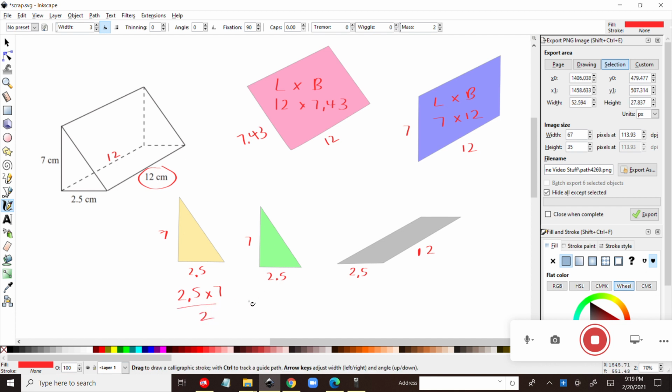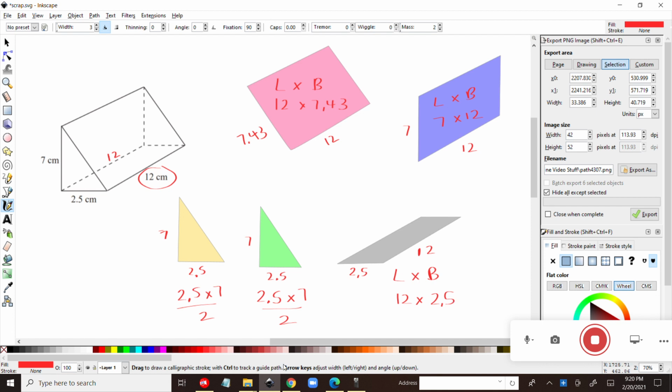This triangle is just like the other triangle, so here is base by height divided by 2, and the gray one is a rectangle also. Length by breadth, so 12 by 2.5. So all we need to do now is just find all the areas separately and add them up. And that would be the surface area of the shape.